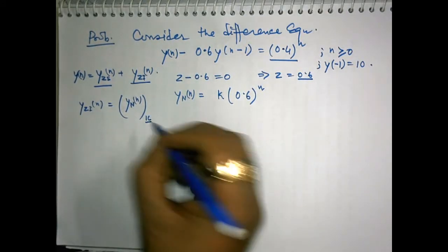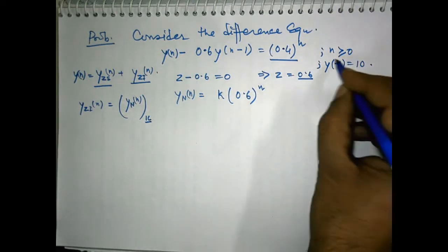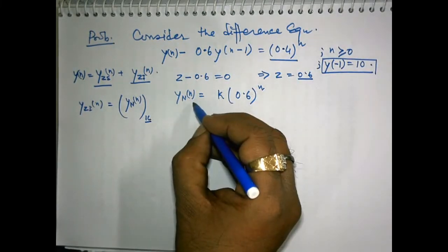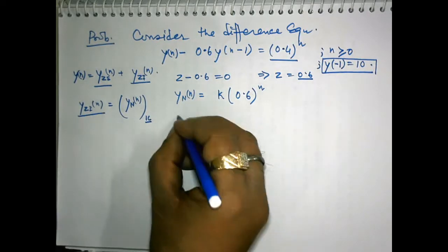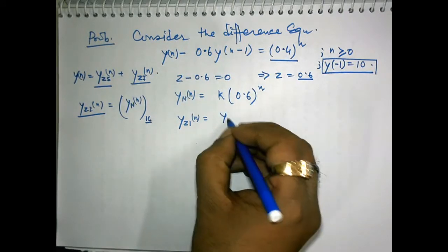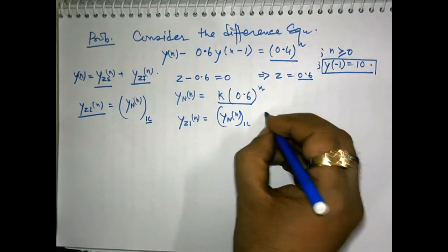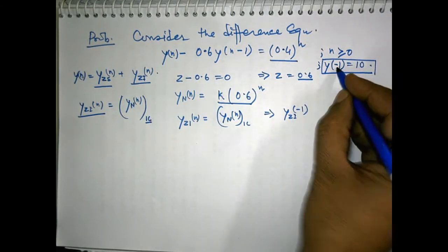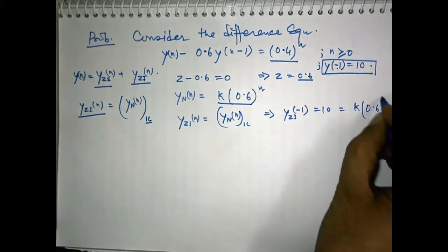We will apply the initial condition over here itself. What is the initial condition? The initial condition which is given is y minus 1 equals 10. So we will put this condition in this equation to obtain y zi n. So y zi n will be equal to y n n, which is this, with given initial condition. So naturally y zi at minus 1 is equal to 10, and this is equal to k 0.6 to the power minus 1.